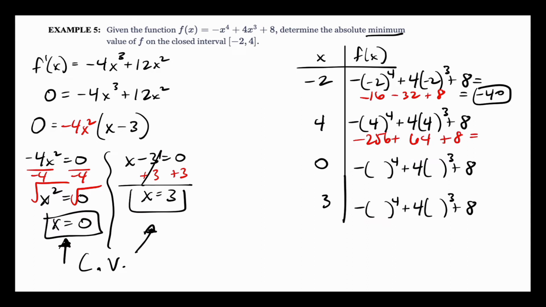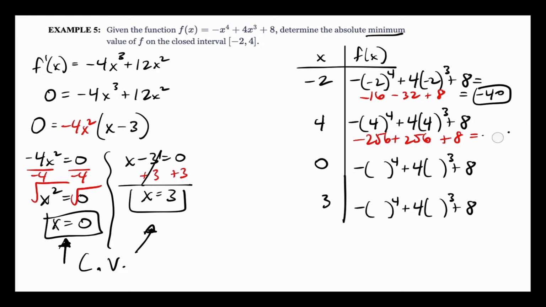Plus 8. Okay, I'm looking for the lowest y value, so I'm looking for something really low. This one might be the lowest. Let's see. -256 plus 64 is -192, plus 8, -180. Yeah, it's 256 again. That's right. 256. So, okay, luckily these cancel out.